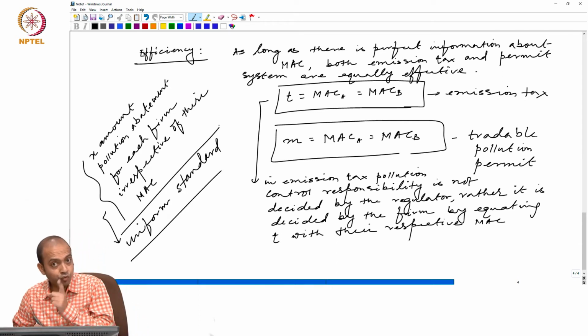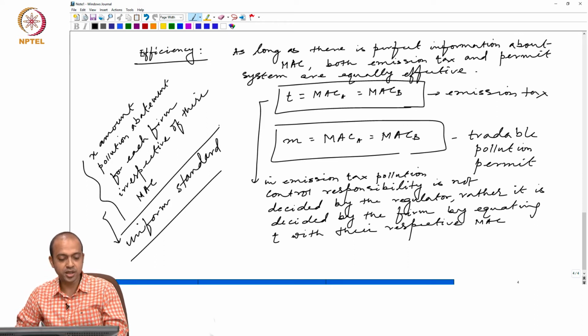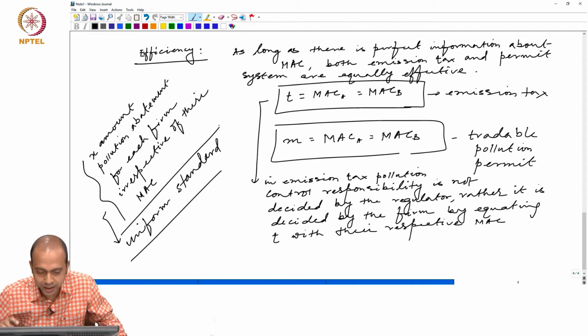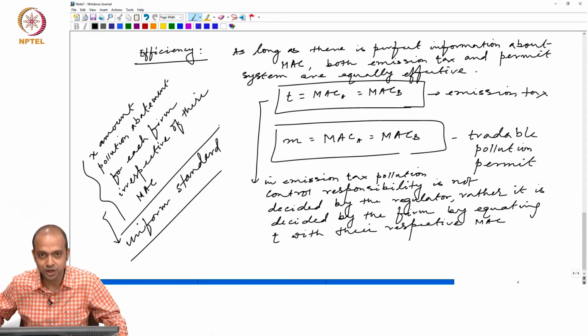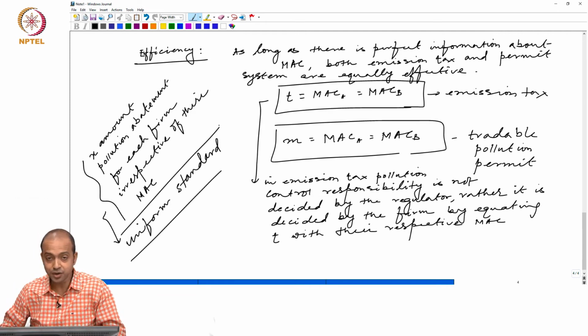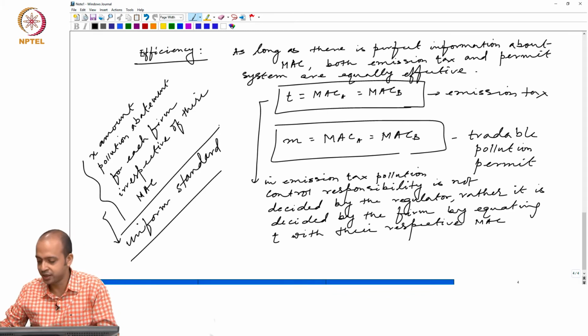So, we need to now prove that this emission tax is actually better than uniform standard as far as cost of pollution control is concerned. So, our next task is to prove that emission tax is actually efficient. That means if we can prove that uniform standard is not efficient, then we can actually prove emission tax is efficient and it is better than the uniform standard.